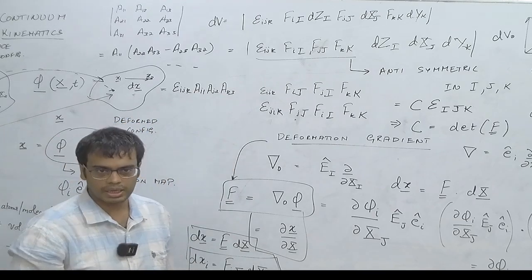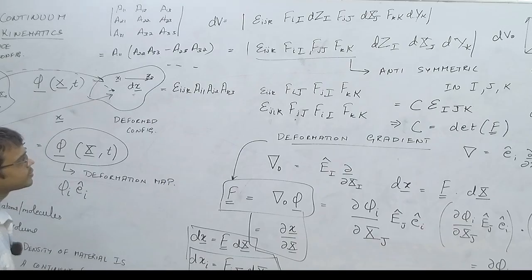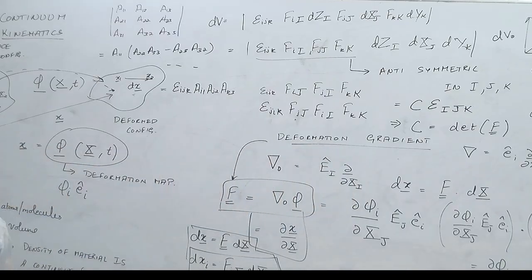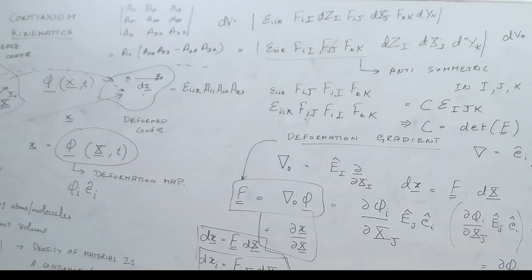So be careful with that. This swapping we are going to do a lot when we look at velocity gradient decomposition and things like that. This swapping is very useful in those cases.